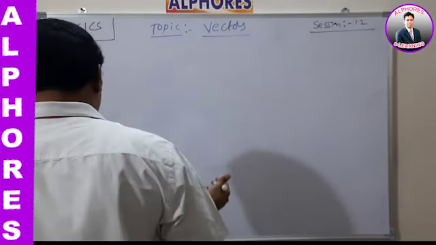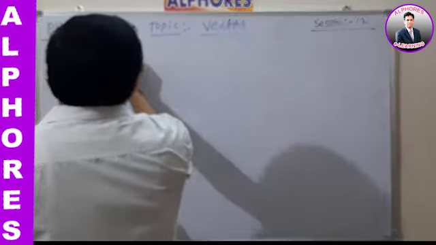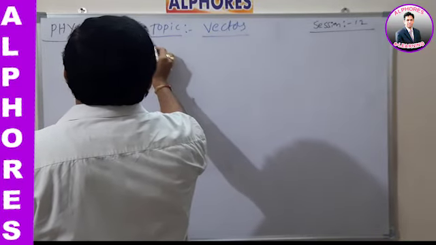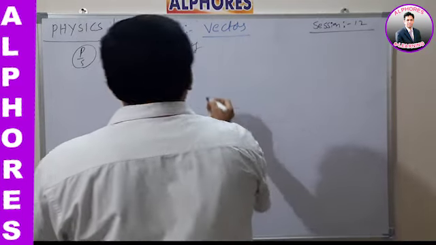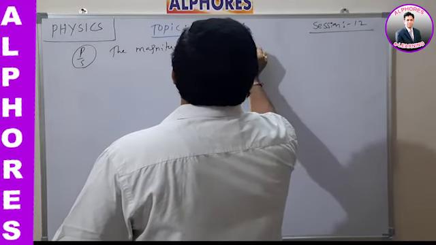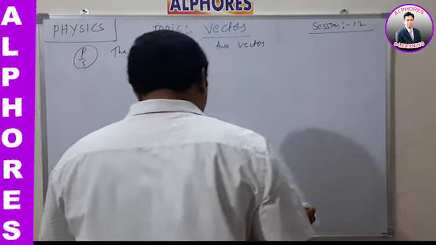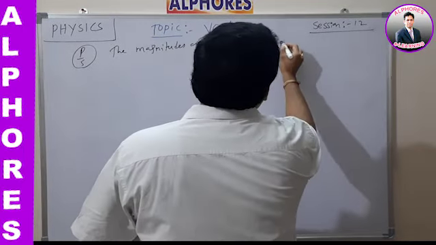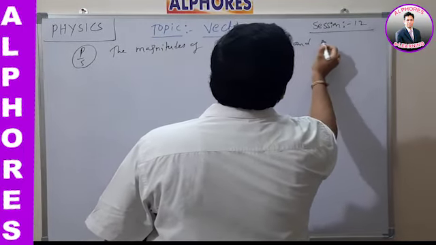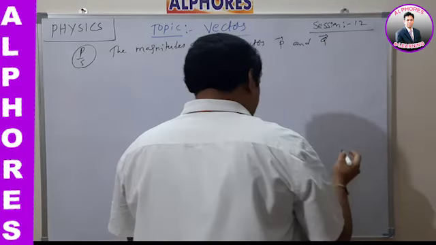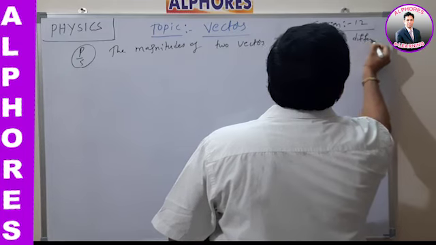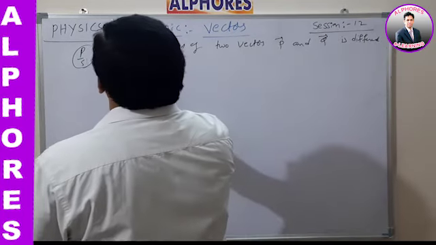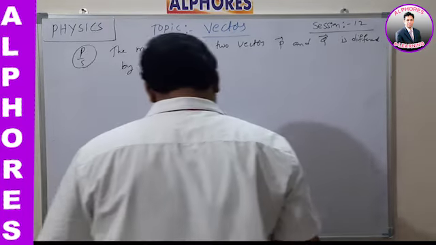Okay, Rafi? The magnitudes of two vectors P bar and Q bar differ by 1.